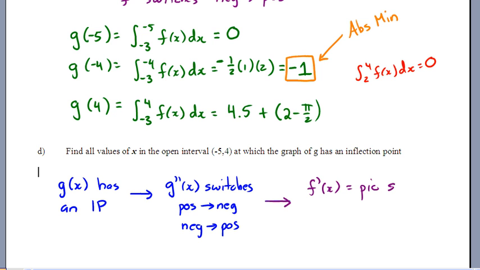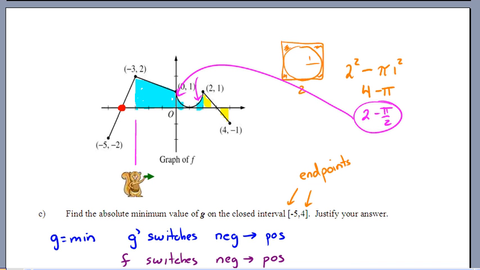So the picture slope has to change, from positive to negative or from negative to positive. Either one. So I'm just looking for a place where the slope of the picture makes a change in sign.